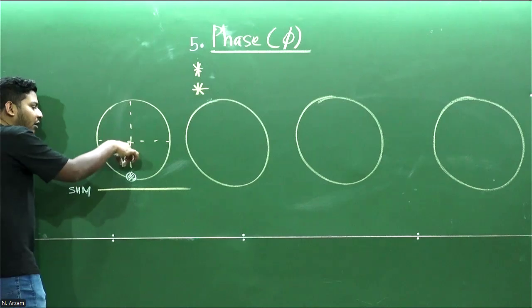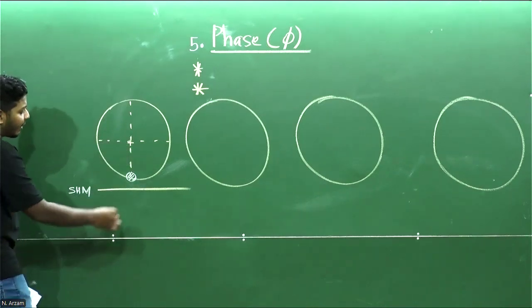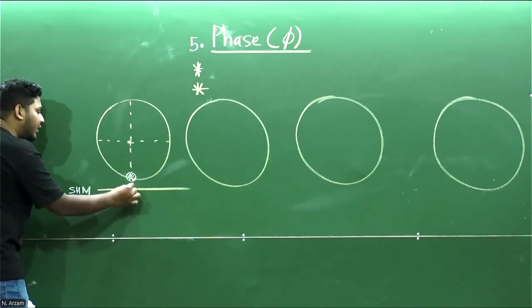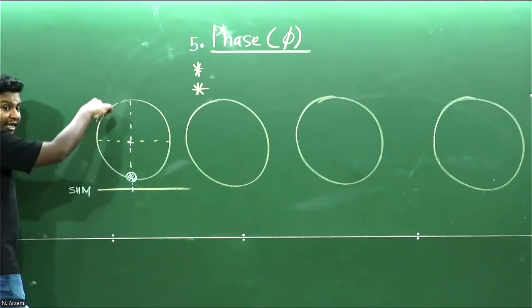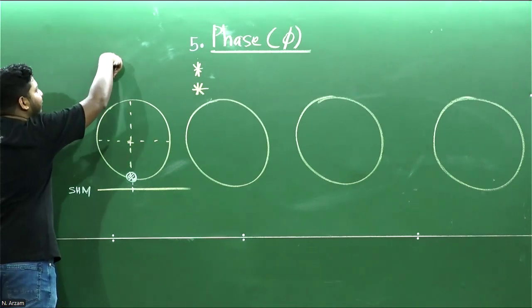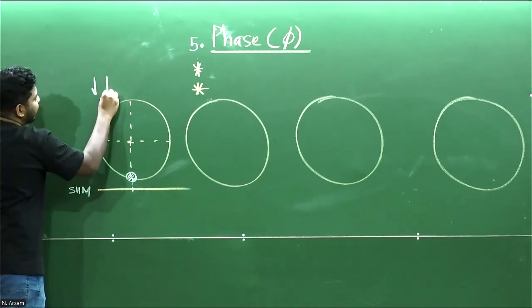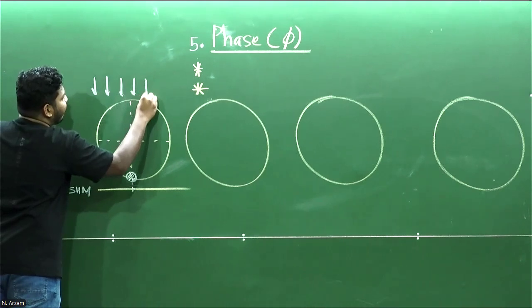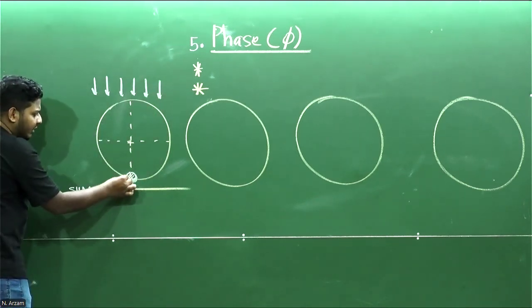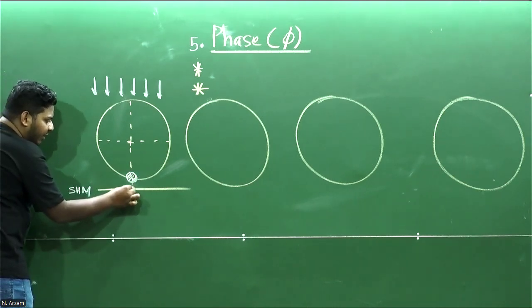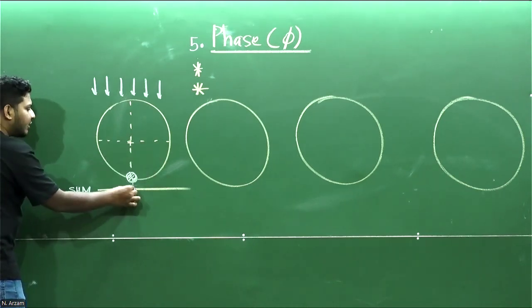The projection of the circular motion is known as simple harmonic motion. Projection means when we shine a light on this motion, where will the shadow be? The shadow is now here. So this is simple harmonic motion.